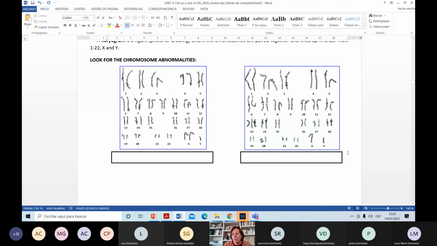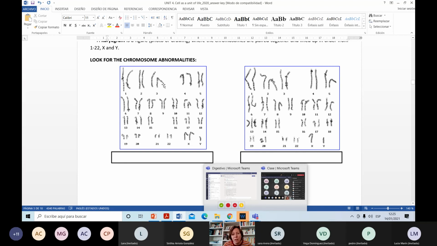Bueno, the only thing that you've got to do is look carefully at these pictures and try to find whether they have 46 chromosomes like humans with no chromosomal problems, or they have more than 46, and if they do have more than 46 or less than 46, where is the problem? In which number? Okay? ¿Entendido, verdad?